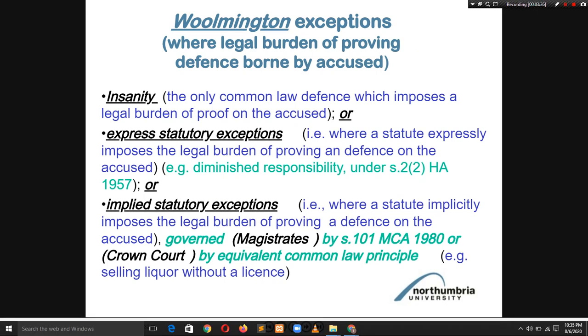Essentially, the only common law defense which imposes a legal burden of proof on the accused, and the express statutory exceptions.